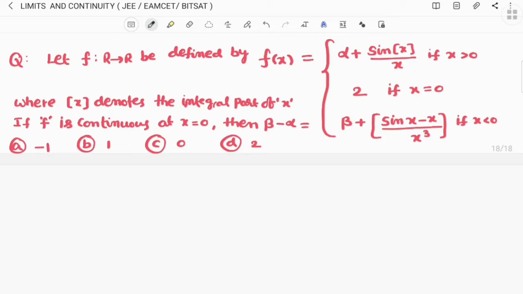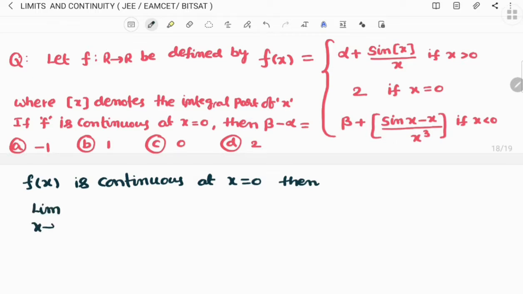So, here the condition is given: f of x is continuous at x is equal to 0. We know that if f of x is continuous at x is equal to 0, then we have limit x tends to 0 plus f of x is equal to f of 0 is equal to limit x tends to 0 minus f of x.